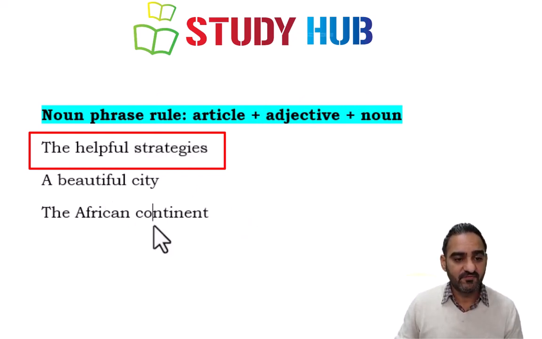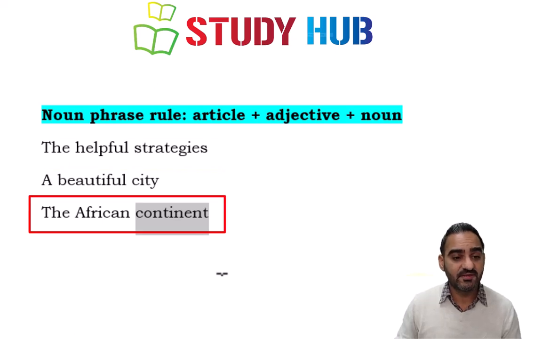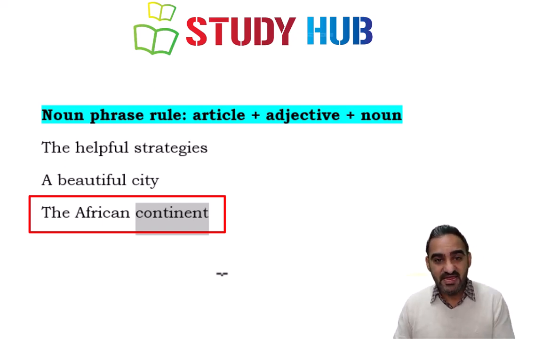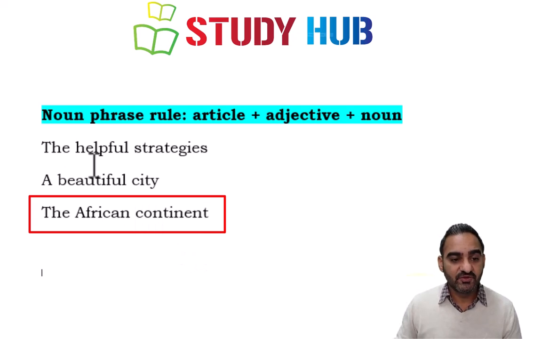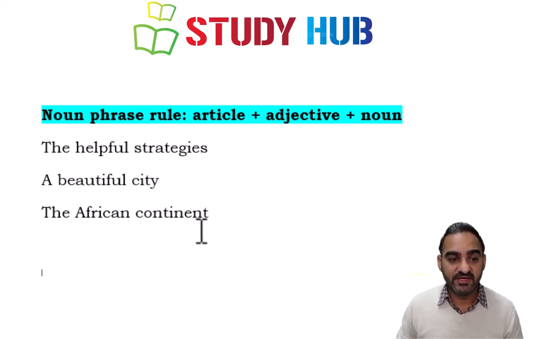Similarly, if I have this as a blank, the African, we know we are looking for a noun: the African culture, the African continent, the African citizen, the African city, the African game, the African sports, the African movies, right? So we will be looking for some nouns there. This understanding will also be helpful to identify what we need over there.